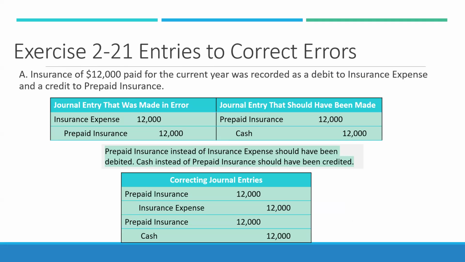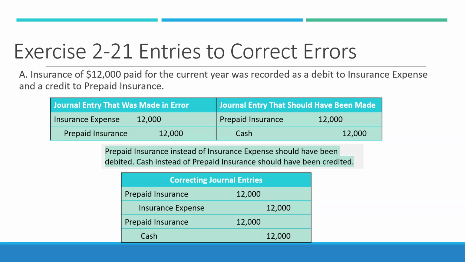Insurance paid for the year was recorded as a debit to insurance expense and a credit to prepaid insurance. However, it should have been recorded as prepaid insurance and cash because this entry wasn't intended to be the expense entry, it was the prepayment entry.